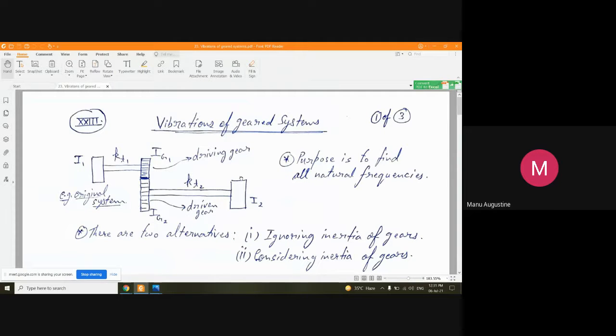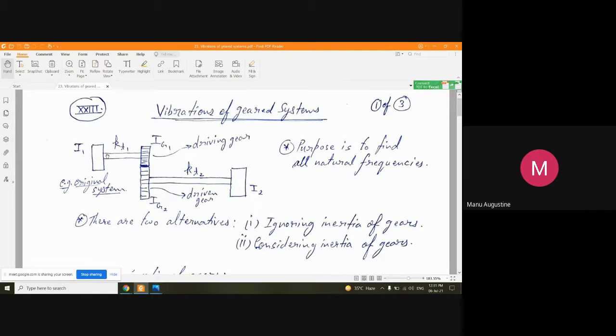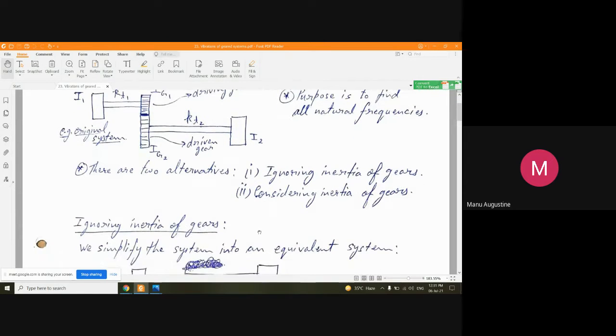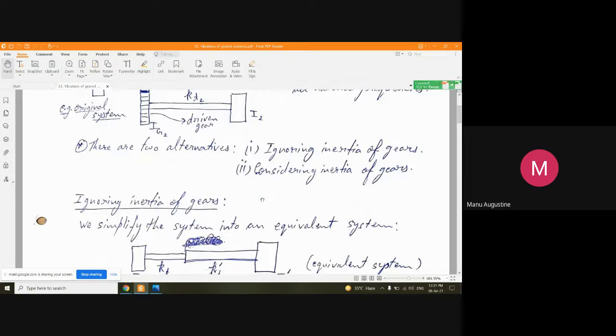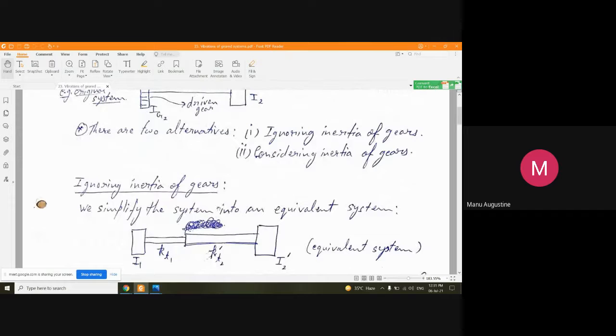In the previous class, we had started the topic of vibrations of geared systems. And we had learned that whenever inertia elements are connected through shafts and then through gear trains, we have a mechanism of converting this system into an equivalent system in which either the inertia of the gears is ignored or it is considered.